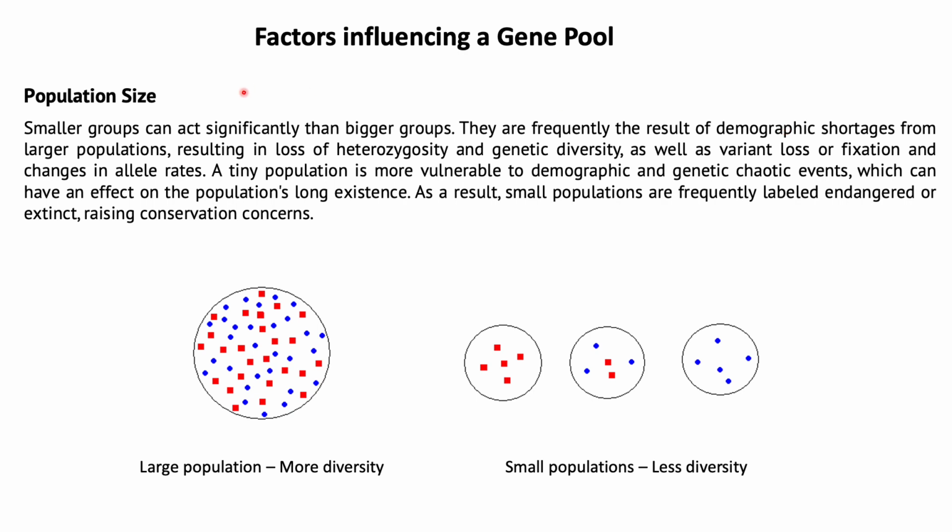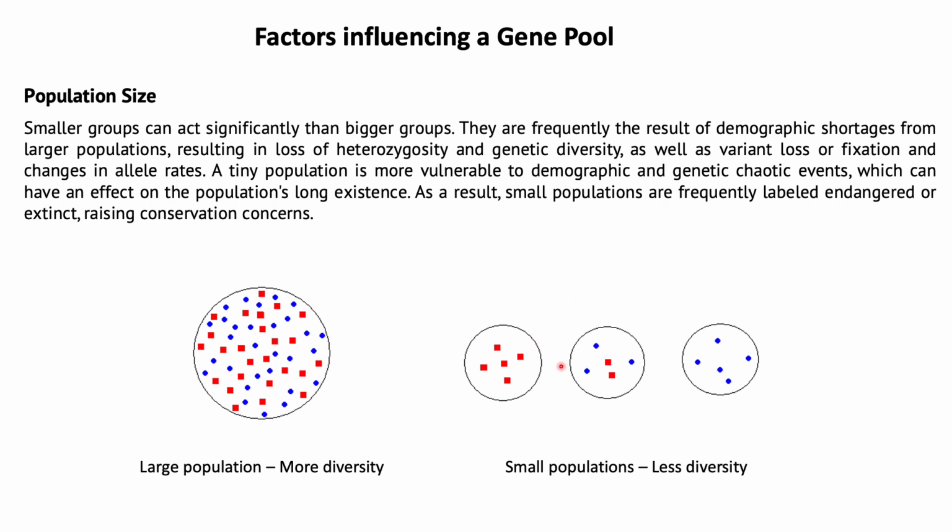One of the several factors influencing a gene pool's stability is the population size. Smaller groups can be affected significantly more than bigger groups. They are frequently the result of demographic shortages from larger populations, resulting in loss of heterozygosity and loss of genetic diversity, as well as variant loss or fixation and changes in allele rates.